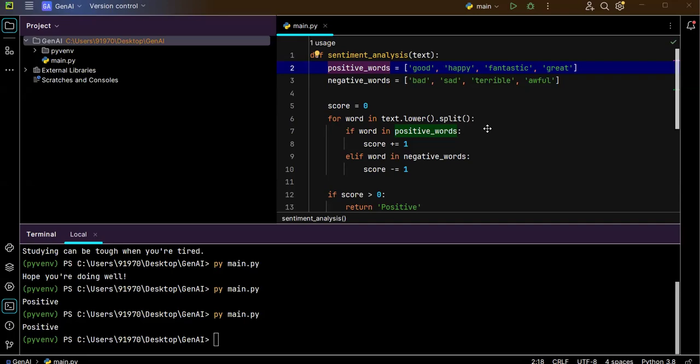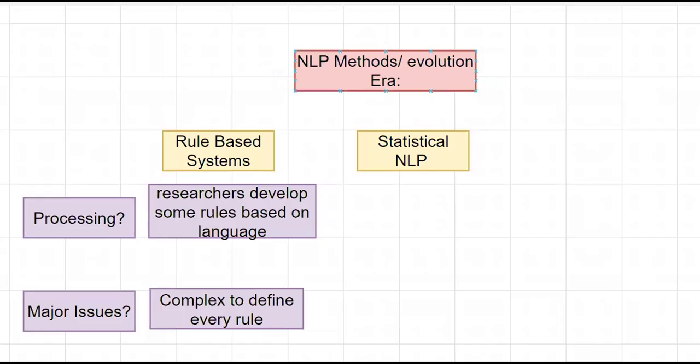This might happen sometimes. Due to word ambiguity, that is, a word having multiple meanings, it is very difficult, and this is one of the major issues that we face while using rule-based NLP models. That's why there was a major need for an advanced model over this rule-based system.